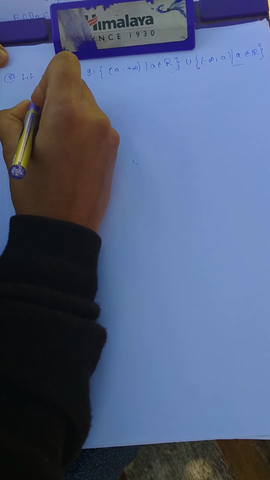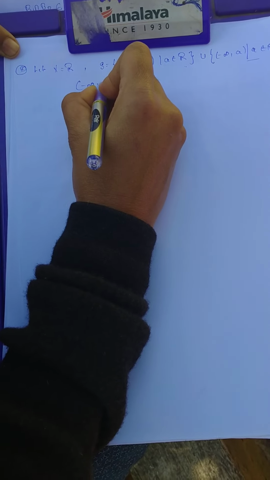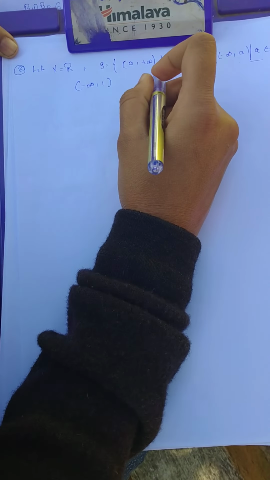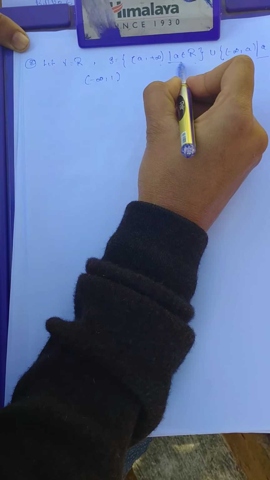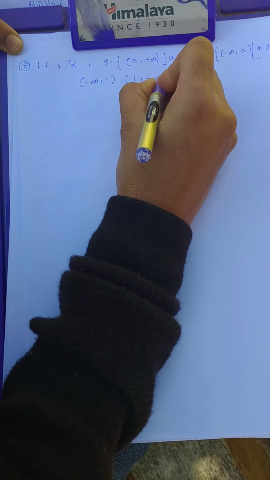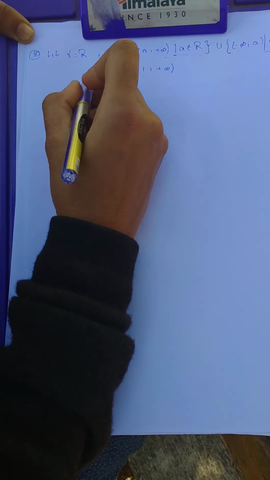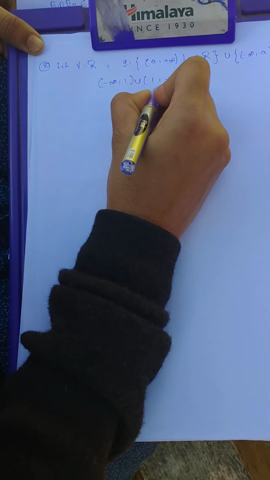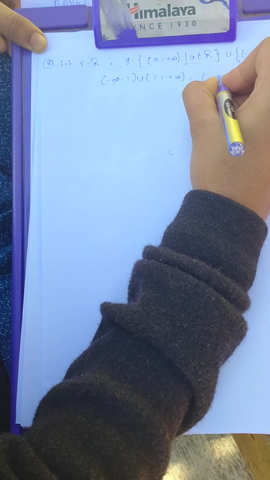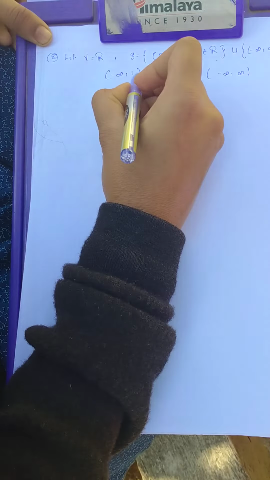Now we take two elements. (-infinity, 1) is an element of this type, and (1, +infinity) is an element of this type. Take their union. Don't we get minus infinity to plus infinity?